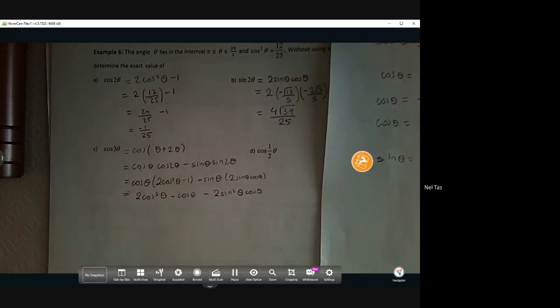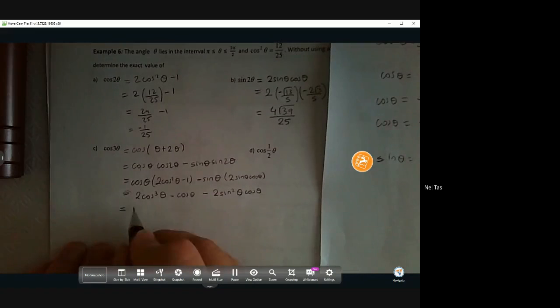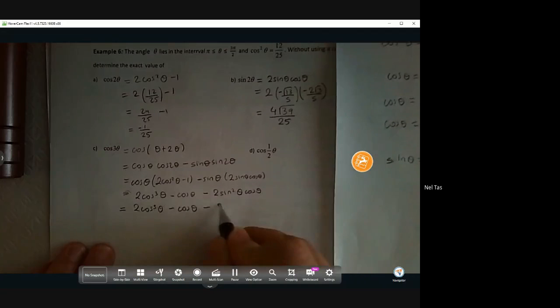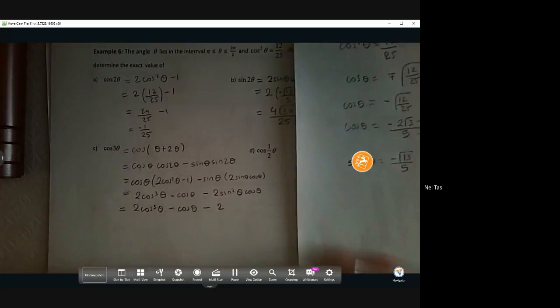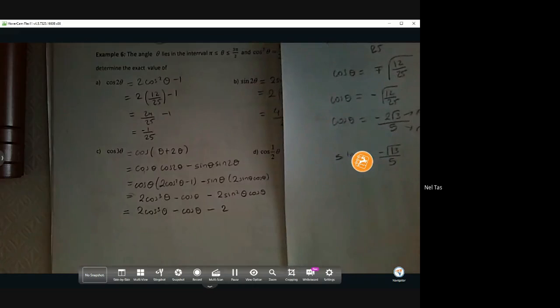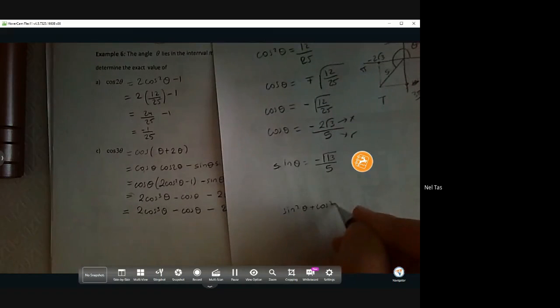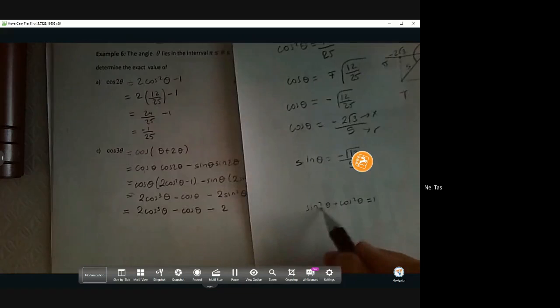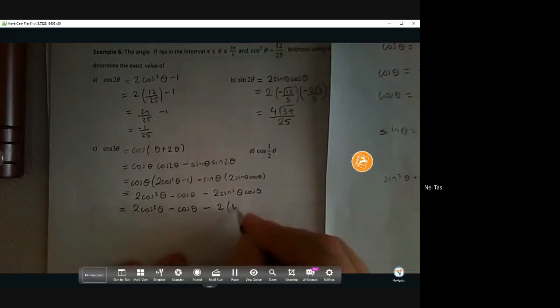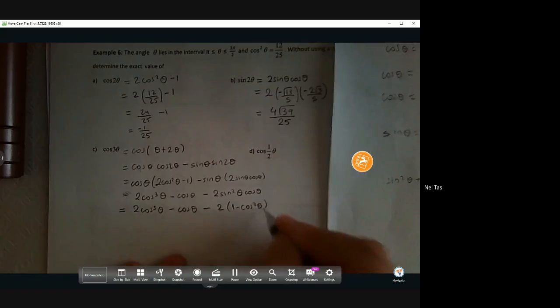Let's say if the question was, write everything in terms of cos theta only, we could also do that. So 2 cos cubed theta minus cos theta. Then I would replace sine squared theta with 1 minus cos squared theta. Sine squared theta plus cos squared theta equals 1, then sine squared theta is 1 minus cos squared theta. So 1 minus cos squared theta.